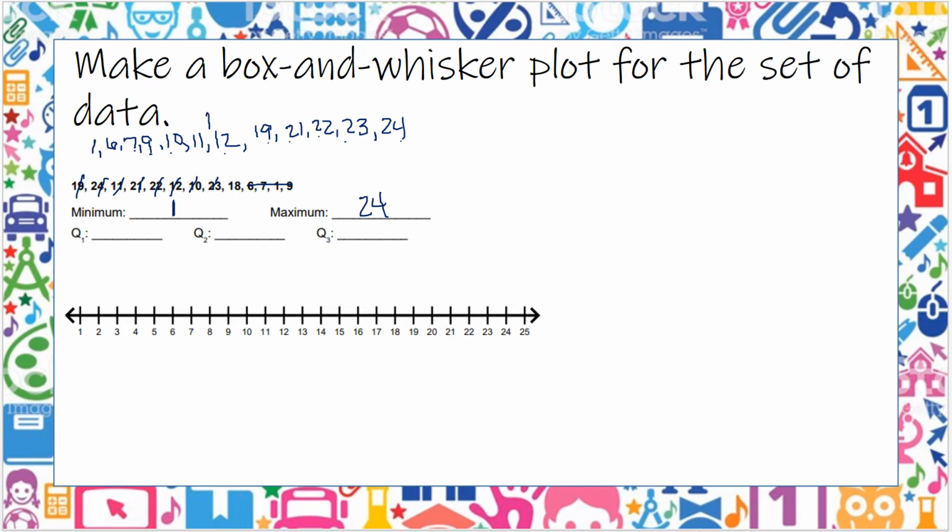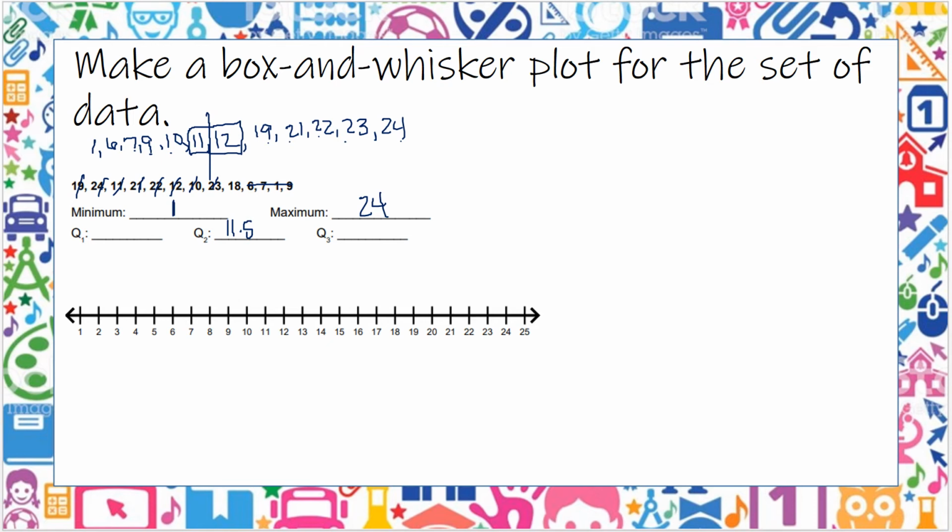So I'm going to cut my data in half where there's 6 on each side. And so my median is actually going to be the average of 11 and 12. When I add 11 and 12, I get 23. Divide by 2, and I get 11 and a half. That's my middle.